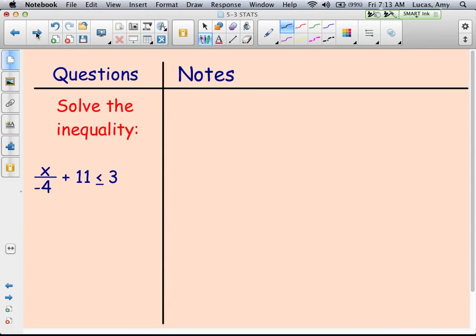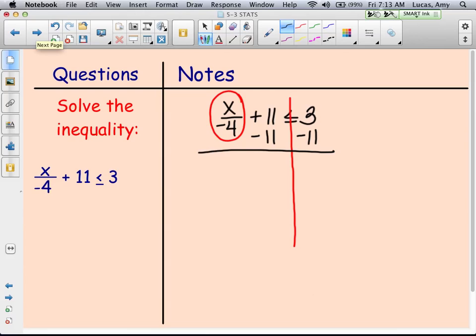Next example, another two-step inequality. On this one, the married couple would be the x divided by negative 4, the fraction. So we need to eliminate the 11 first by subtracting it. So my result would be x divided by negative 4 is less than or equal to negative 8.